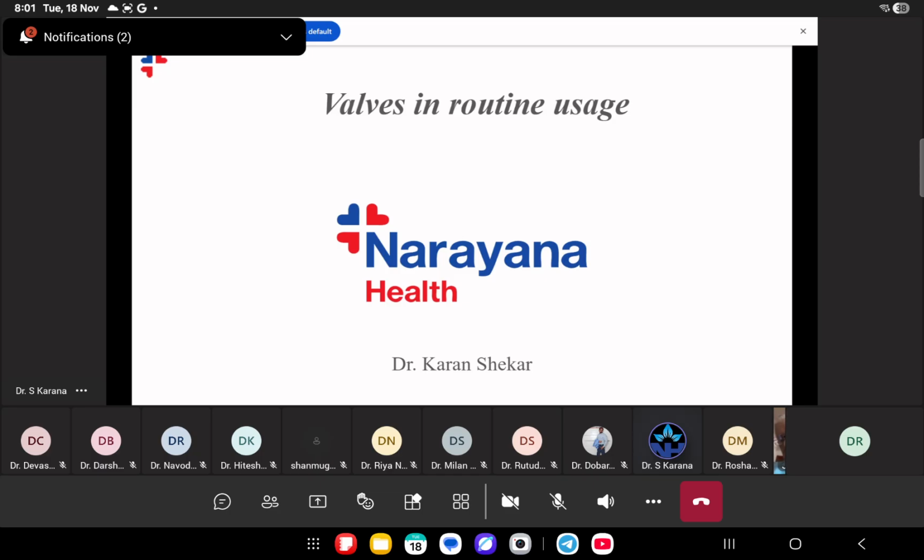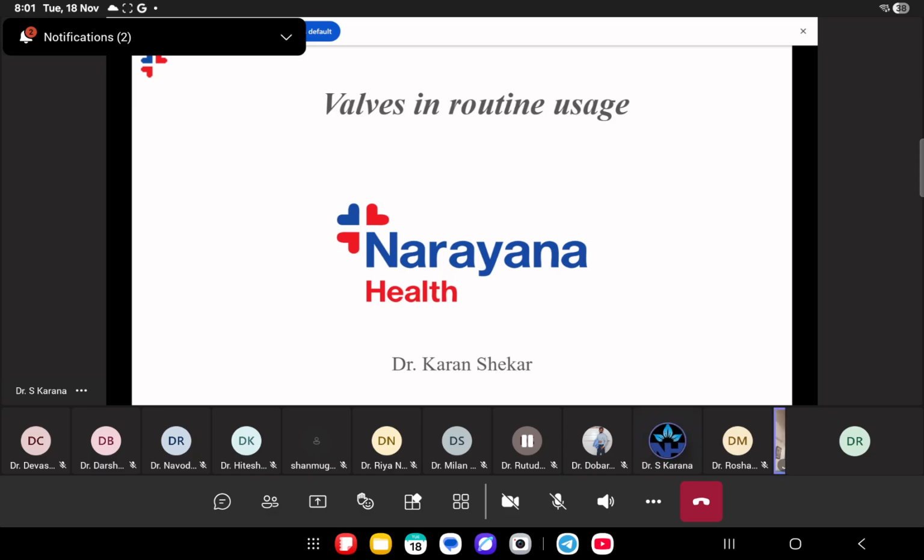Sir, in a situation where I don't have to do an enlargement, but to give a proper sized valve, I would do a thorough decalcification, clear all the rims around. Pledgets are placed on the ventricular side in such situations, or it can also be done without pledgets. And also simple sutures help in these situations. Yes, one single pass simple sutures will occupy less space.